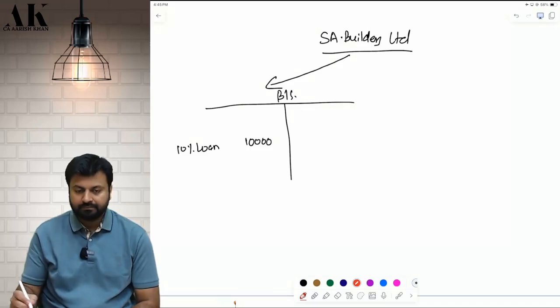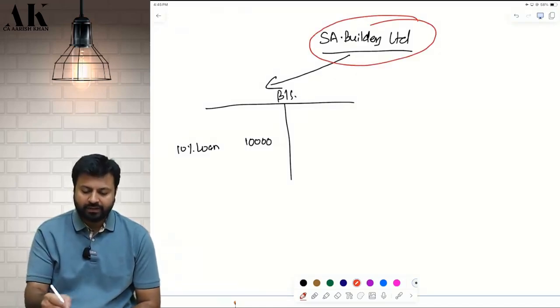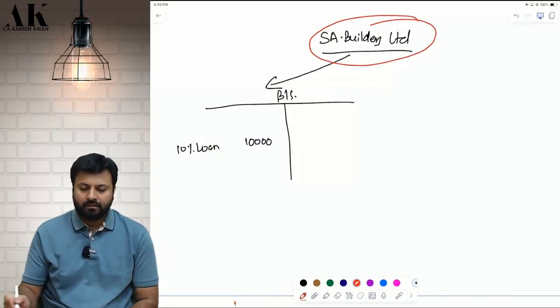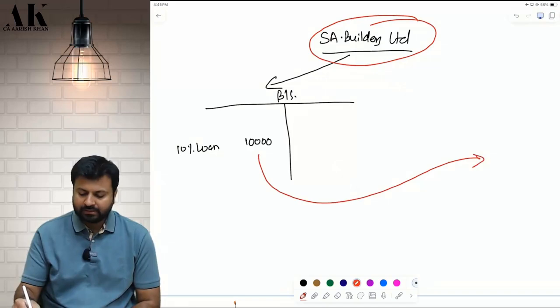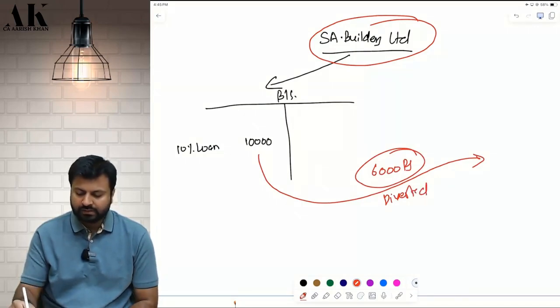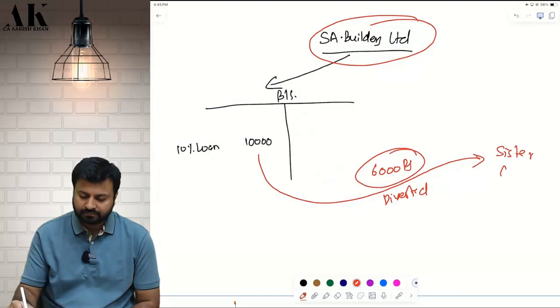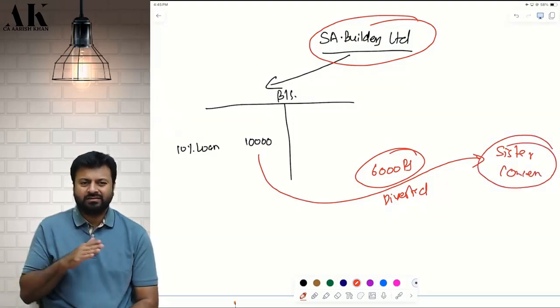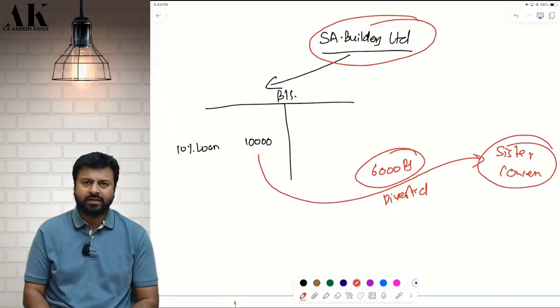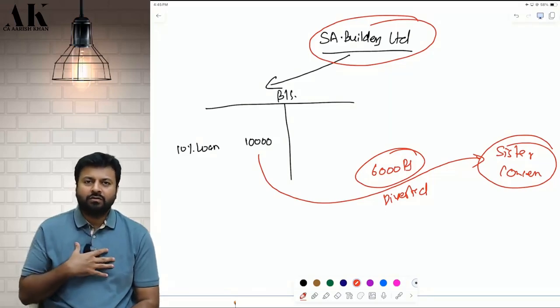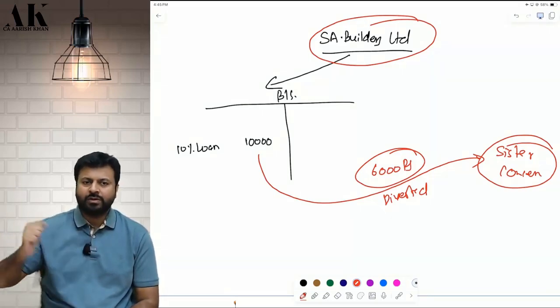Out of this 10,000 rupees, the assessee diverted 6,000 rupees to a sister concern. Sister concern means a subsidiary, or a related party. It's just like I took a loan of 10,000 rupees and gave 6,000 rupees to my related party.